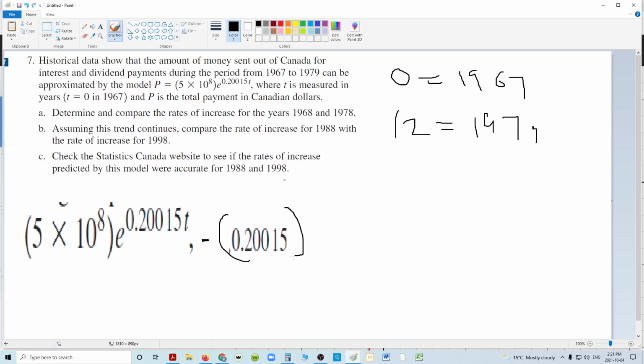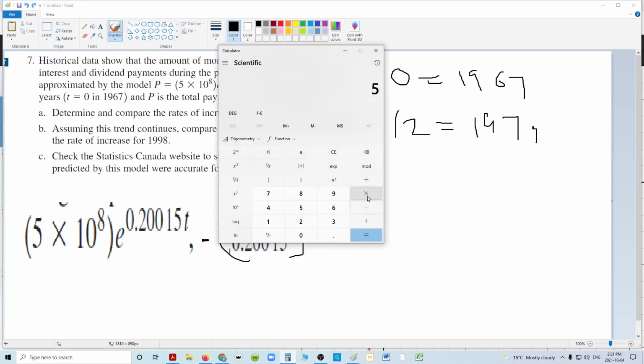So that's the rate of change. At year 0, it's going to be this times the 0.02. So it's going to be 5 times 10 to the exponent of 8 times 0.20015.